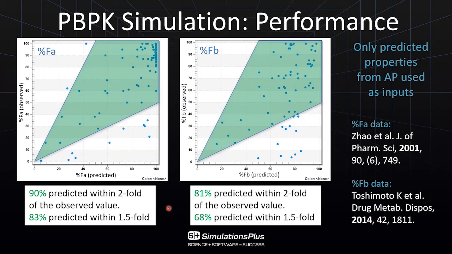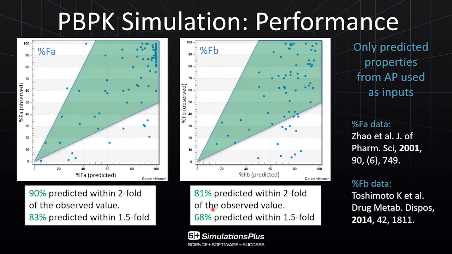Unlike with most of our QSAR models, here we judge the performance by the percentage of predictions that fall within either twofold or 1.5-fold of the experimental value.